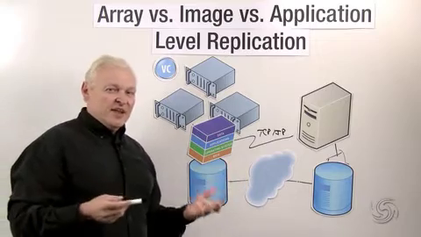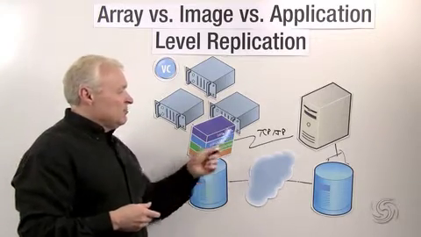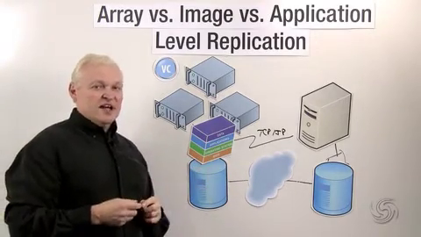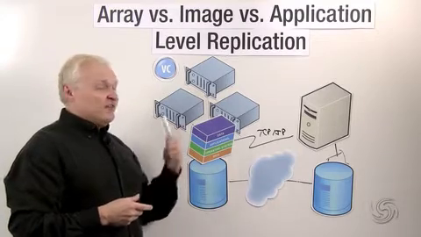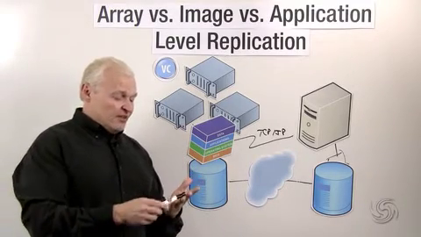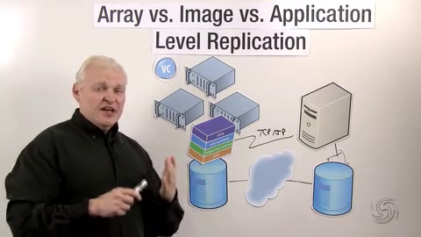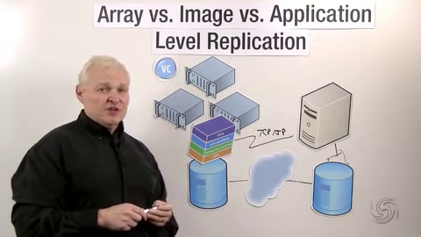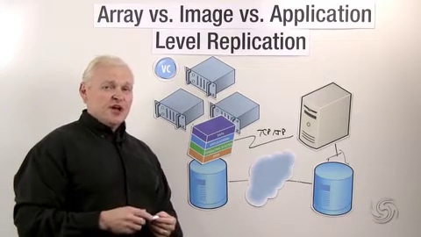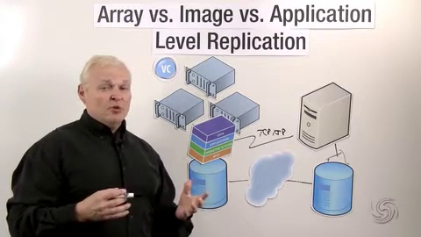What peace of mind would that give you? So again, the ability to get up and running after a disaster is really critical, and if you take advantage of application level replication, SAN-based replication, and also image level replication, you can create disaster recovery plans that will be beyond what you've ever dreamed.